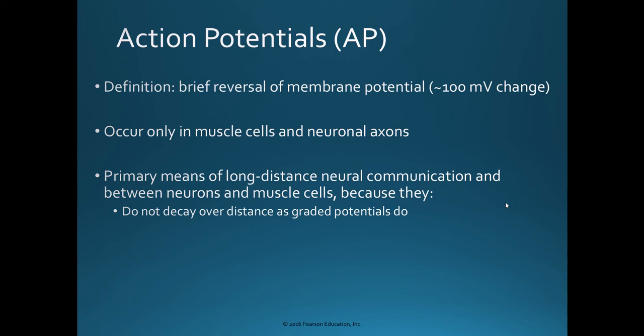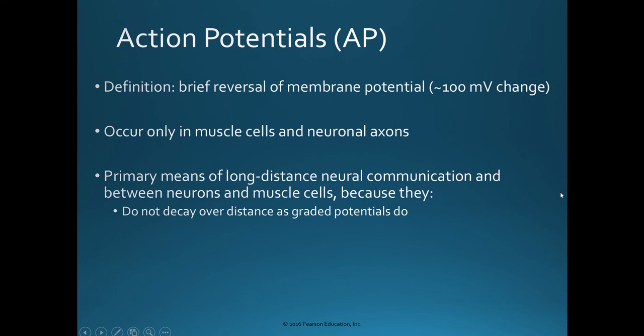But it is these action potentials and their ability to travel long distances that allow neural communication, and they are really responsible for making muscle cells and neural cells amazingly different and special compared to some of the other body cells.